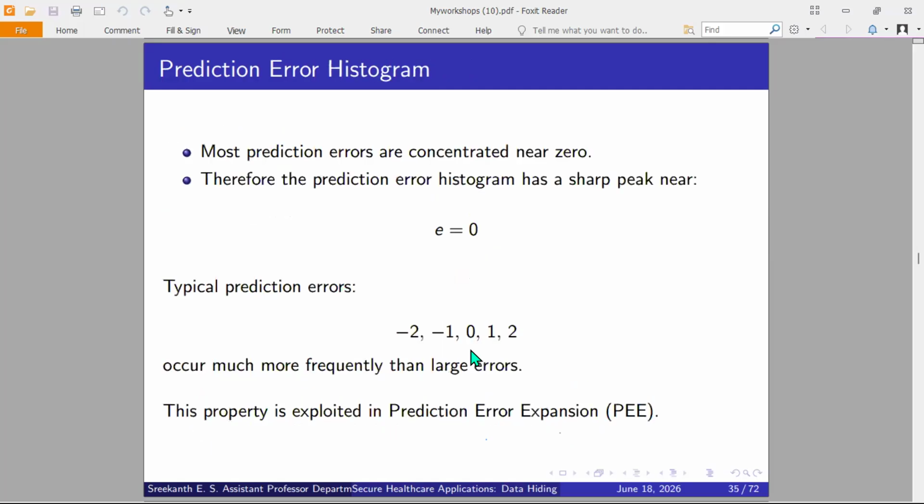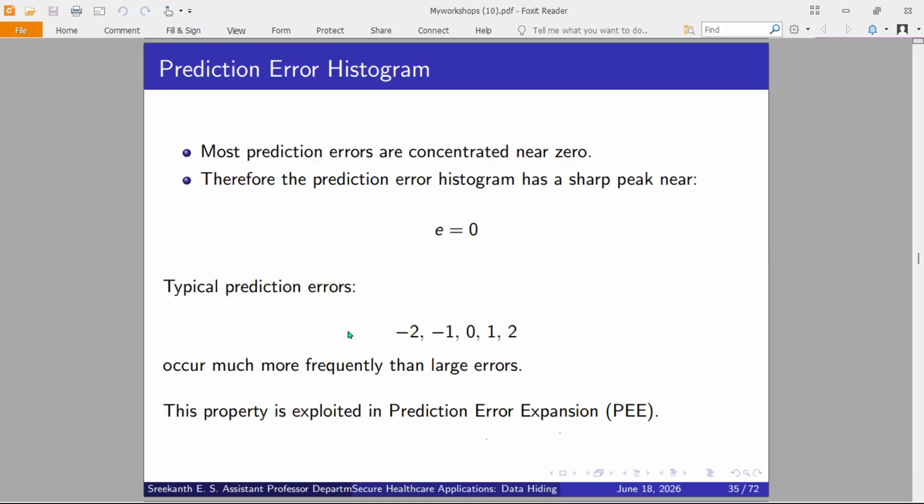Okay, so prediction error histogram, as I told before, we can embed in the best manner if the error is zero itself. Errors can be -2, -1, 1, 2, all these, but the best is zero.